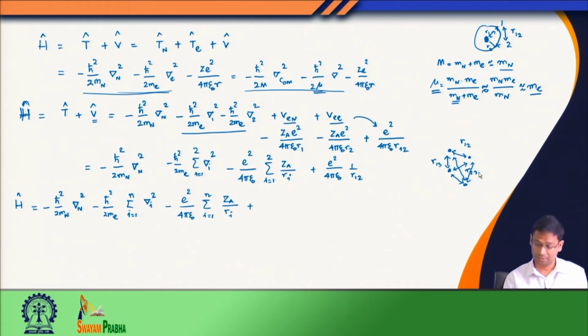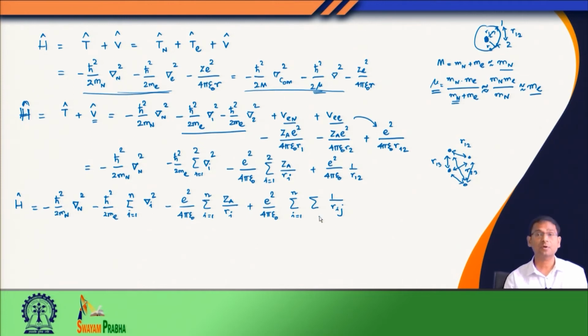So, how would I do this? For each term, I will have e squared divided by 4 pi epsilon 0 common, so I keep it out. So, I have one summation, i goes from 1 to n, the other summation, and 1 over r_ij. What would I have here, for example?